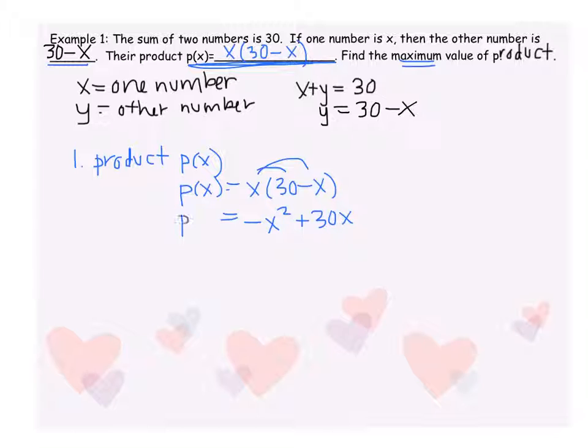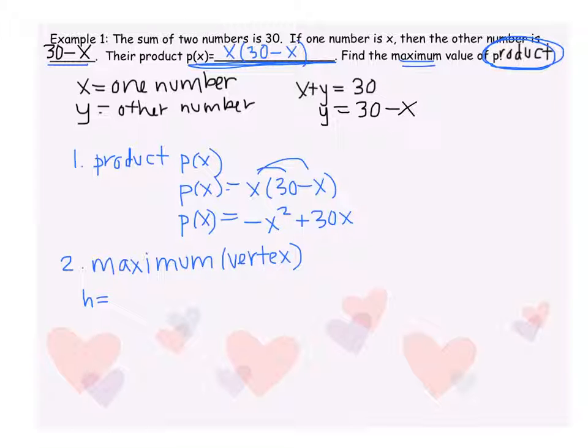So that's step 1. Write a quadratic formula for that value you're trying to represent, which in this case is the product. So step number 2 is then to find the maximum. We know the maximum is going to occur at the vertex. So we're going to use those formulas I gave you on the first slide. We can find h by computing negative b over 2a.